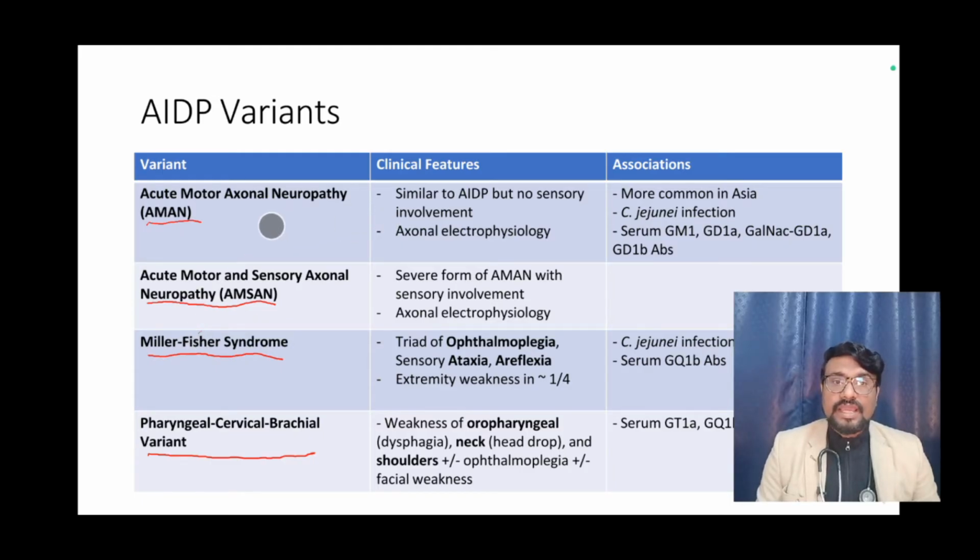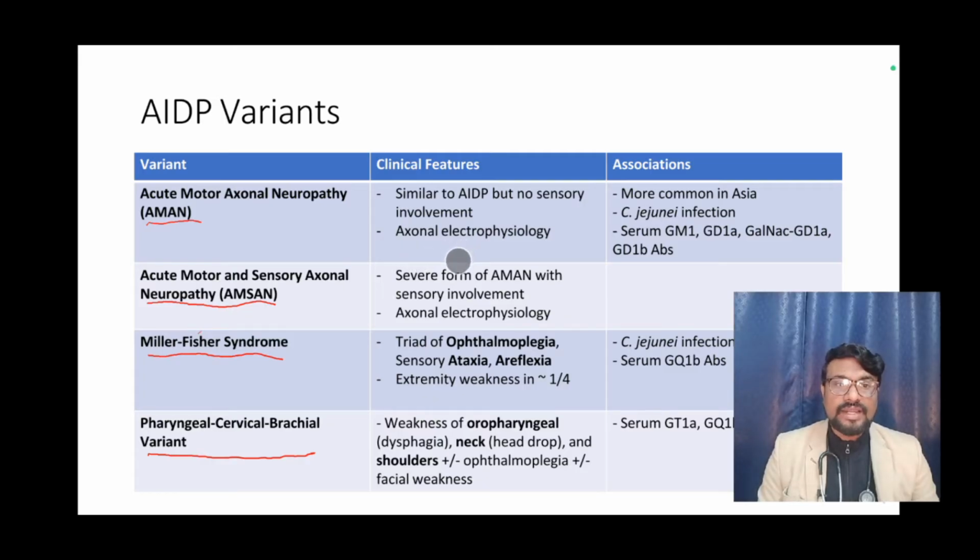In AMAN, that is acute motor axonal neuropathy, it is similar to AIDP but with no sensory involvement. And in NCV, we can get an axonal electrophysiology, that is axonal, not the demyelinating pattern of NCV.